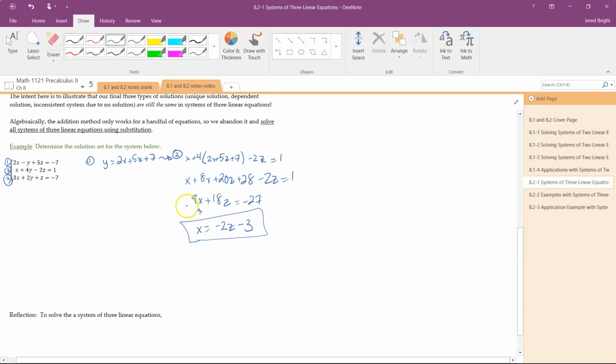While I'm at it, I'm also going to simplify what I got for y. So y would equal 2 times minus 2z minus 3 plus 5z plus 7, and simplifying that even further, I'd have minus 4z, so I just get z, and then this would be minus 6 plus 7, so plus 1. There we go.